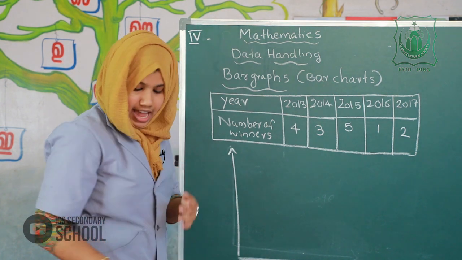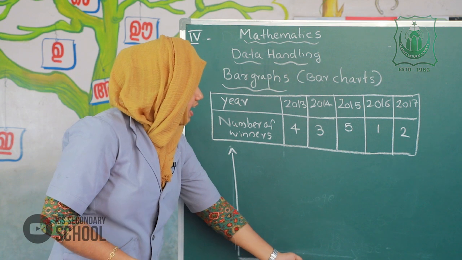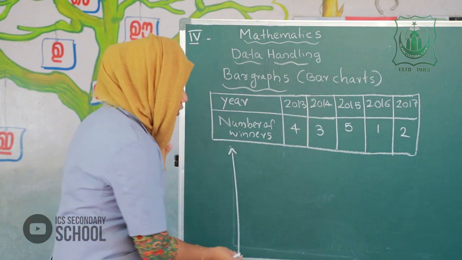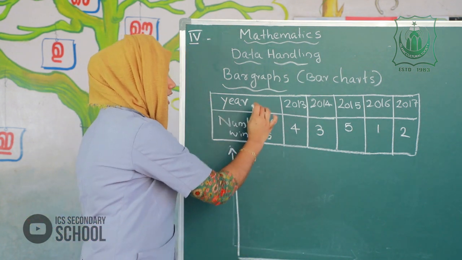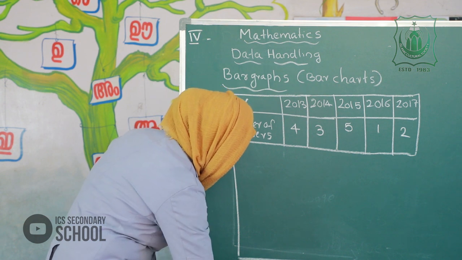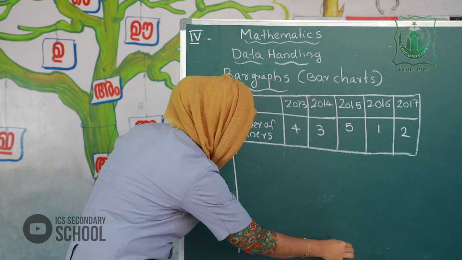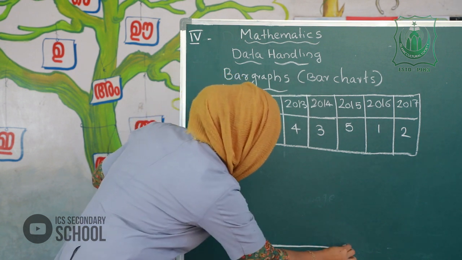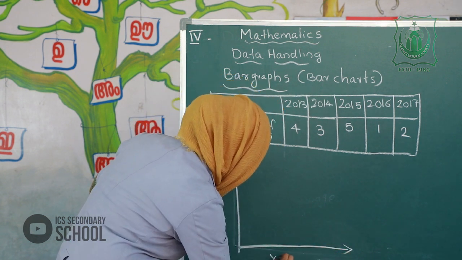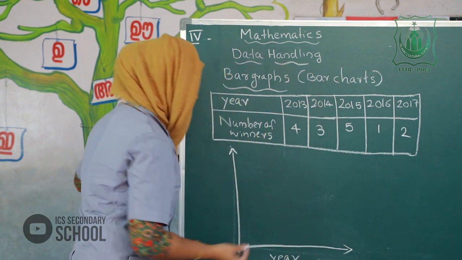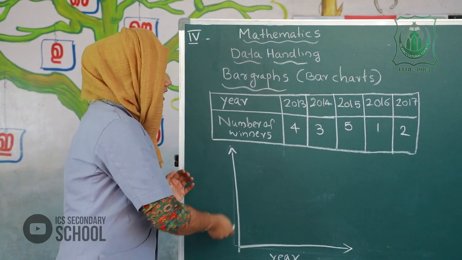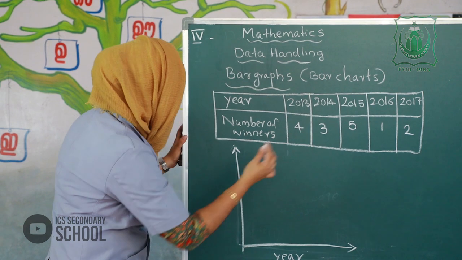On the horizontal line we can write year. And on this vertical line we can write the number of winners.